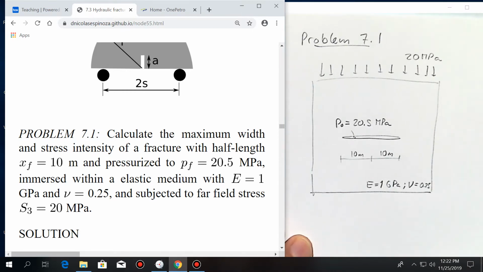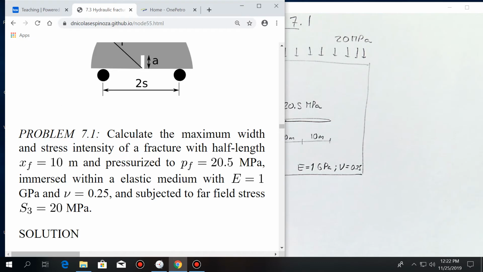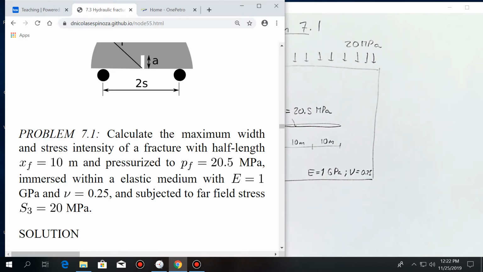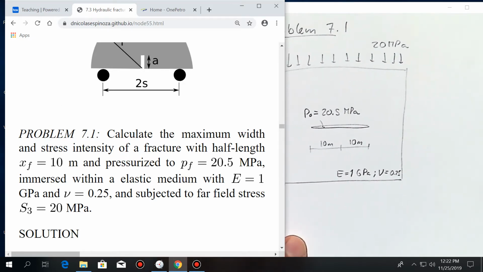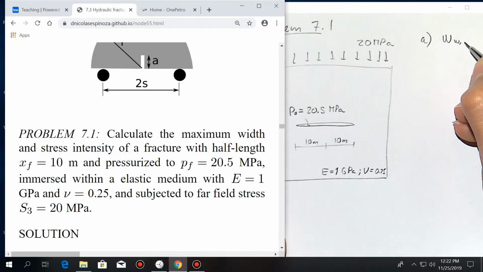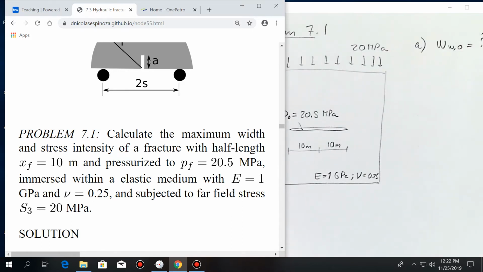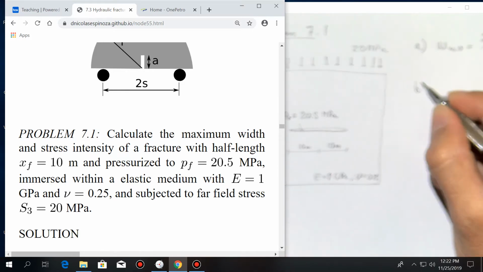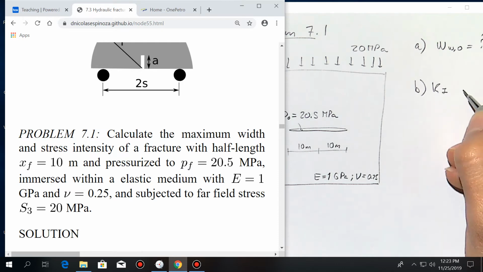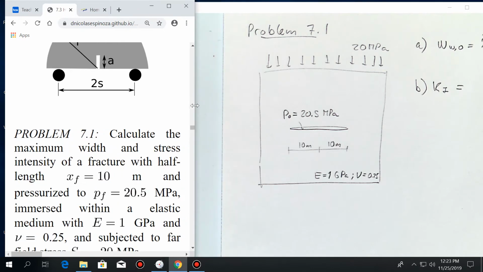I'd like you to tell me, for this rock, what is the maximum width and stress intensity at the tip. So what is the width and what is KI at the tip? I'm going to move this down to the left.